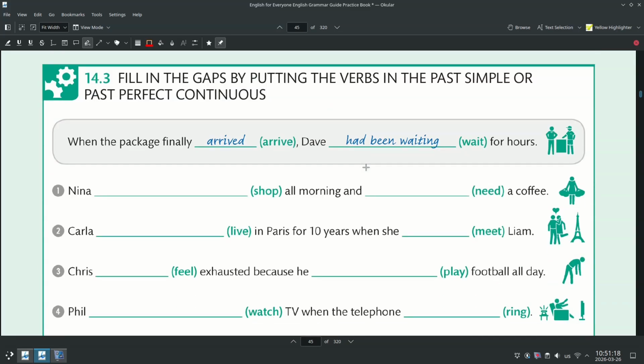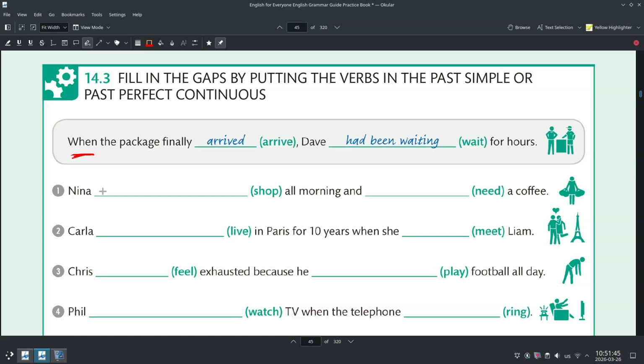Let's move on. Fill in the gaps by putting the verbs in the past simple or past perfect continuous. Let's read our example. When the package finally arrived, Dave had been waiting for hours. Number 1. Nina shopped all morning and need a coffee.